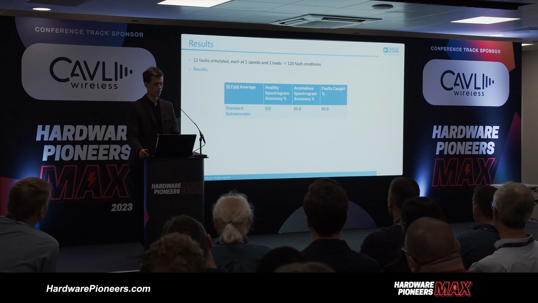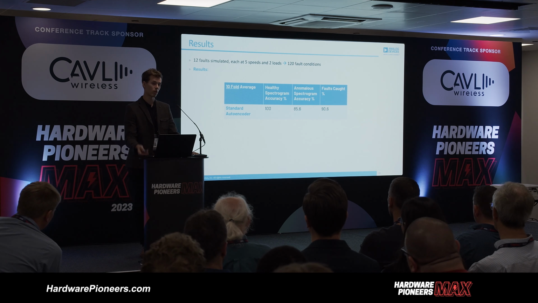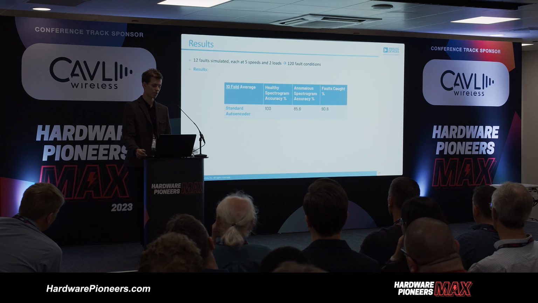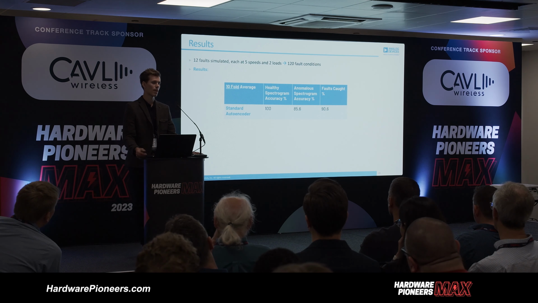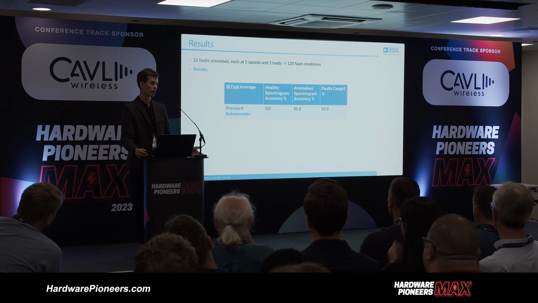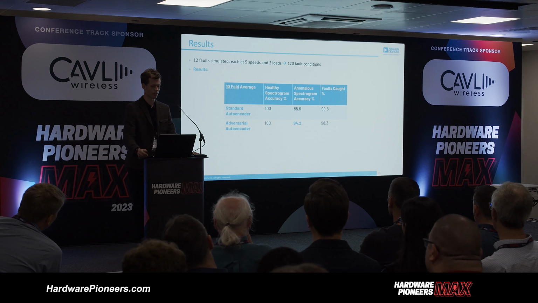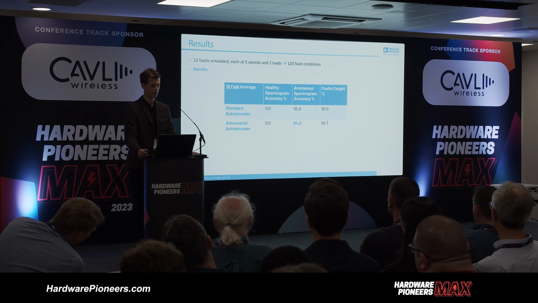So for the results, this was simulated with 12 faults, 5 speeds, and 2 loads. The initial results came back with about 90% accuracy. I think the team then thought, can we make this better? So the information from the vibration sensor was passed through a normalized distribution, which enabled increased fault catching.